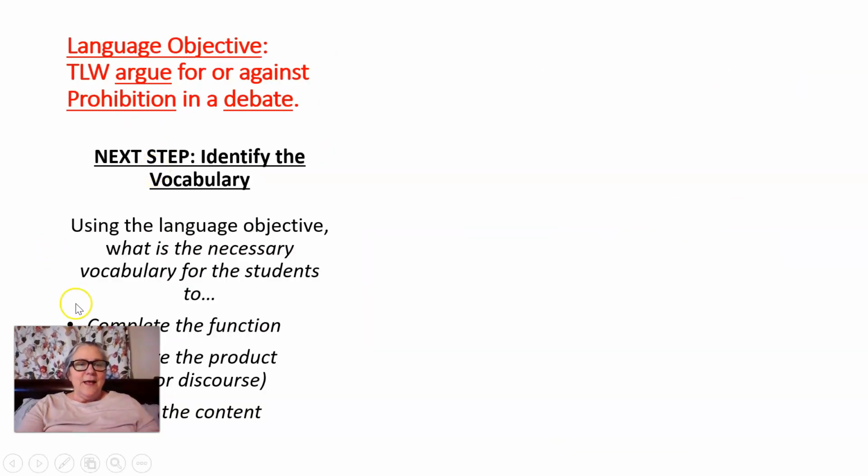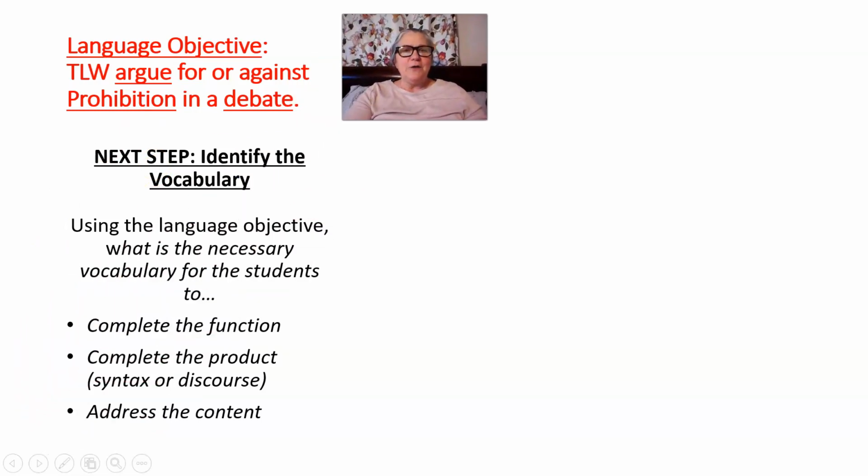Okay. Using this again, let's talk about the vocabulary. So we've got our language objective. The learner will argue for or against prohibition in a debate. When we talk about vocabulary, at this point of the game, I don't find it particularly useful to identify tier 1, tier 2, and tier 3 words.